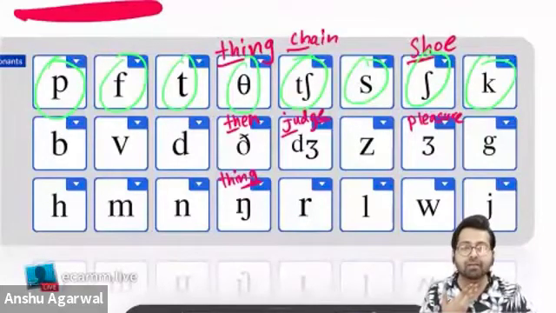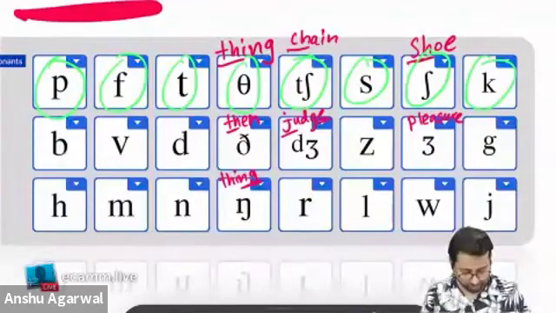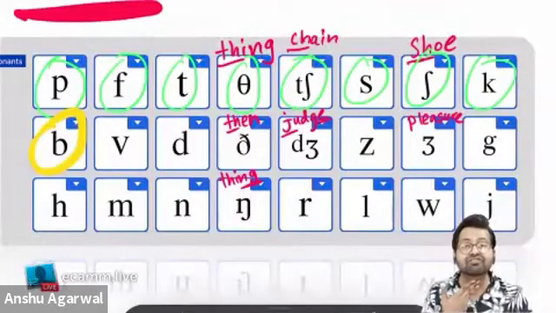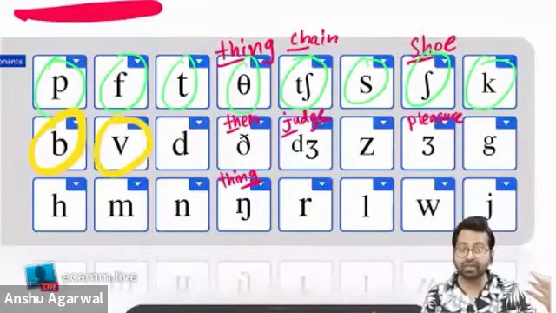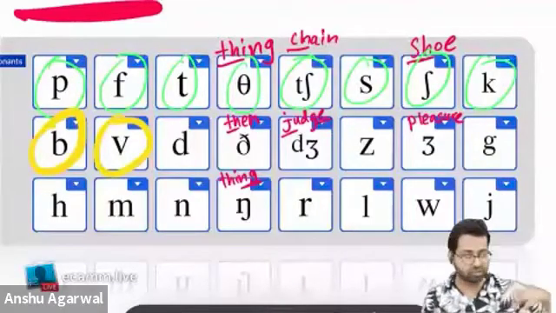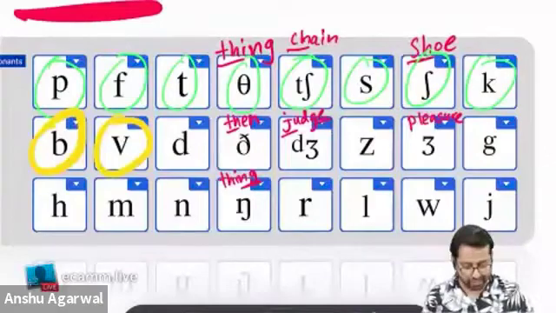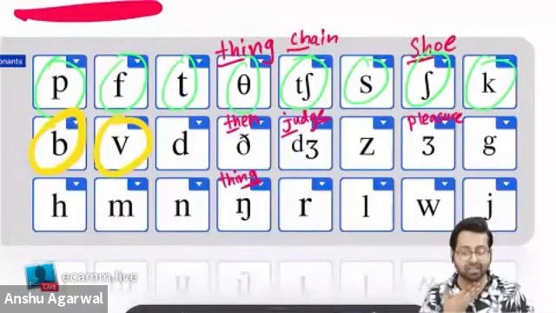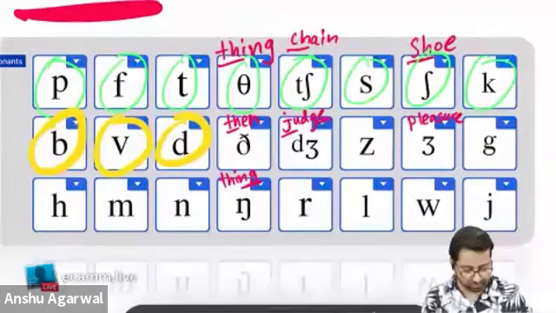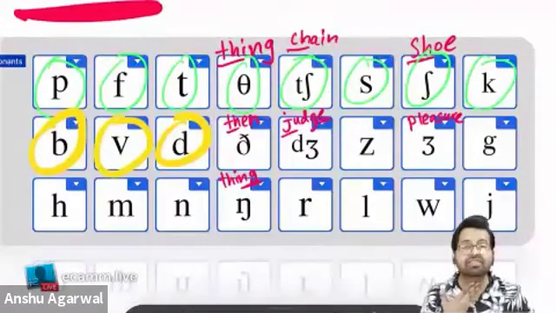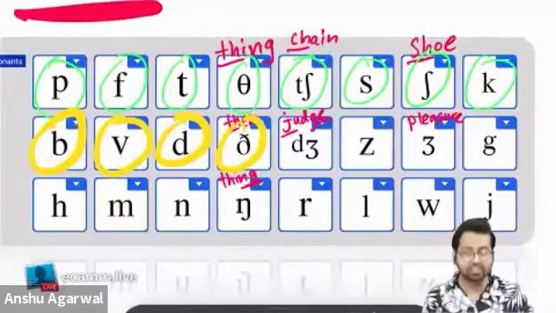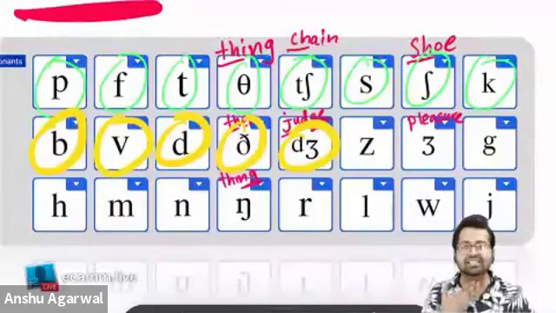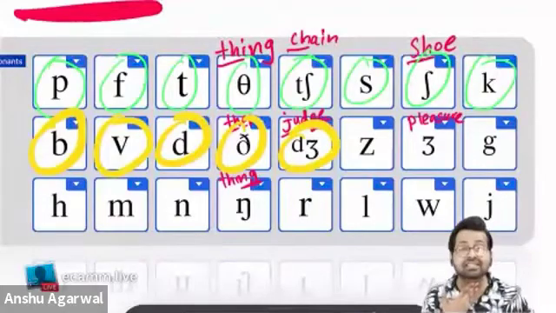So p becomes b, f becomes v. The same sound, but with the voice. Keep doing it, okay? You're muted, so nobody's there to judge you. Just keep doing it. Now, t, add some voice, it becomes d. Then th, add some voice, it becomes the, like in when. Ch, add some voice, it becomes j. S, add voice, it becomes z.